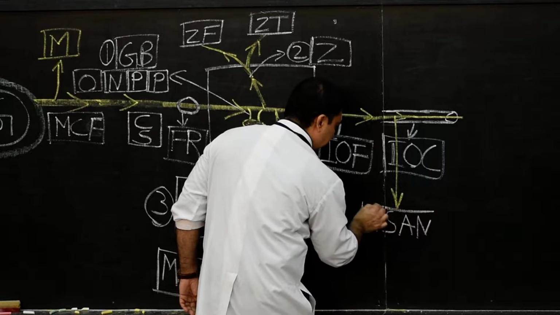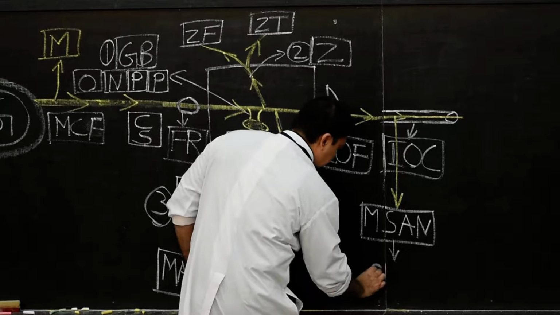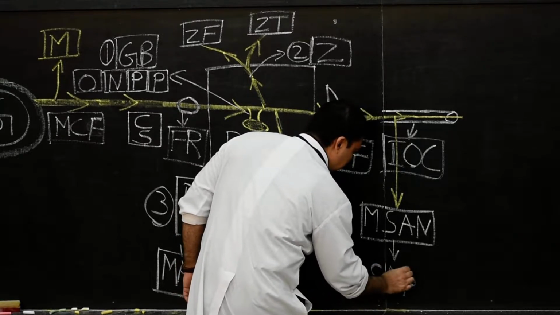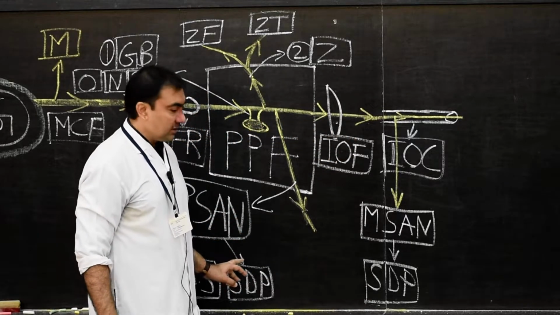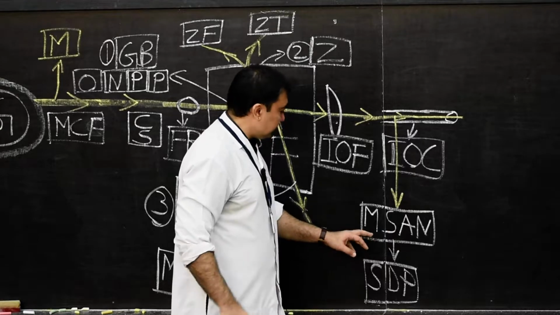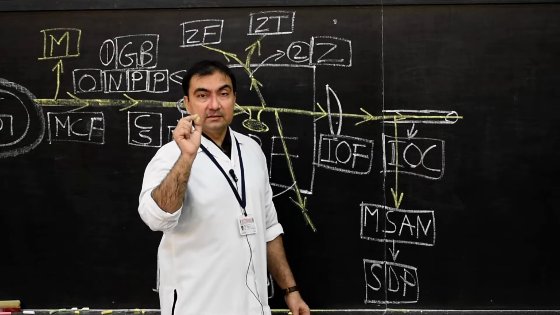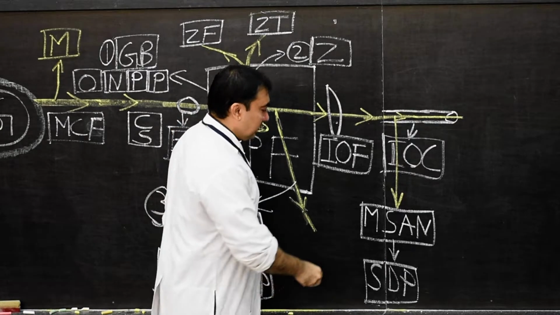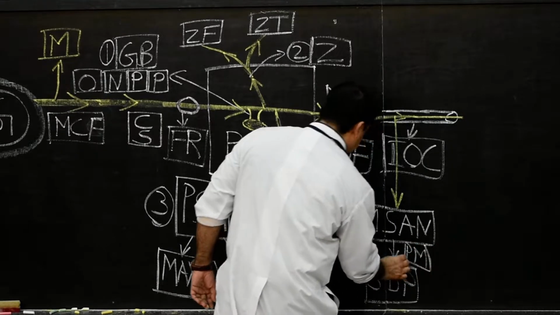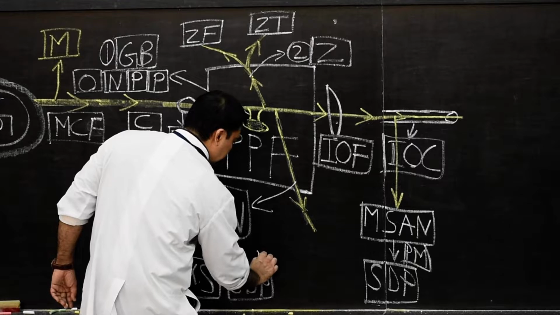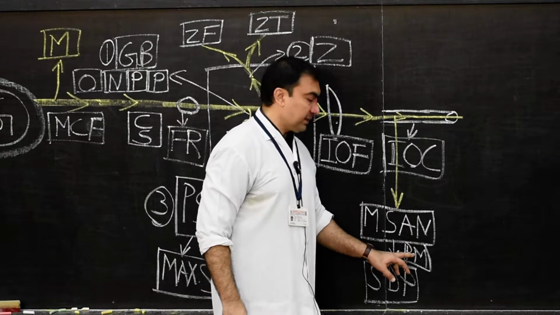This middle superior alveolar nerve will give branches to the superior dental plexus, along with the posterior superior alveolar nerve, where it will supply the premolar teeth. Note down, premolar teeth. And here it was the molar teeth. So the middle superior alveolar nerve will supply the premolar teeth.